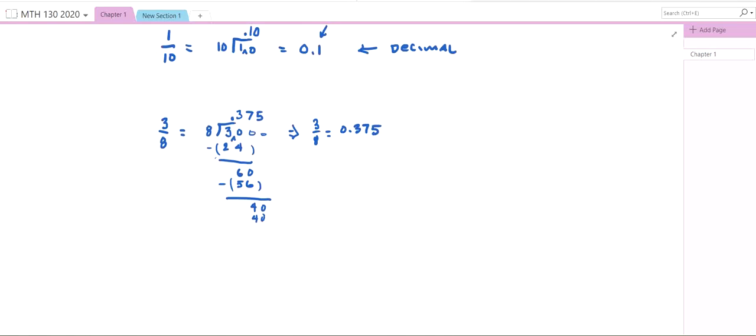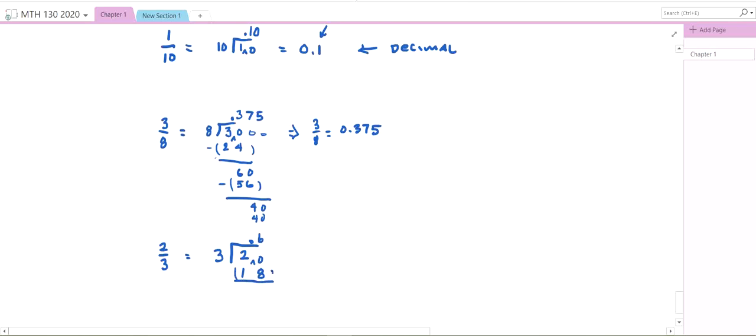Okay, let's look at another one. How about 2/3? Well, 2 divided by 3 is, okay, again, it's smaller here. So we get a decimal up here. This is 18, which is 6.